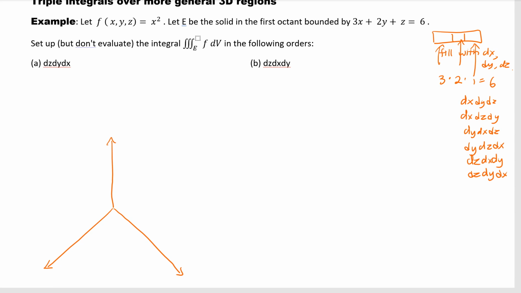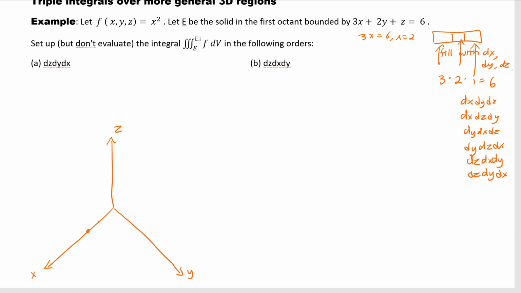First, what is this solid? Okay, so this is a plane, right? We know 3 points determine a plane. Usually we can find the 3 points across the coordinate axes. So let's say on the x-axis, it means y and z are 0. If y and z are 0, then we have 3x equals 6, x equals 2. How about on the y-axis?